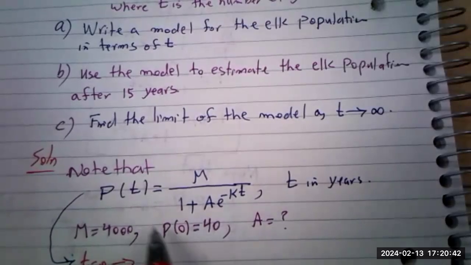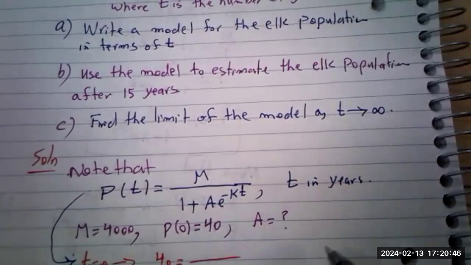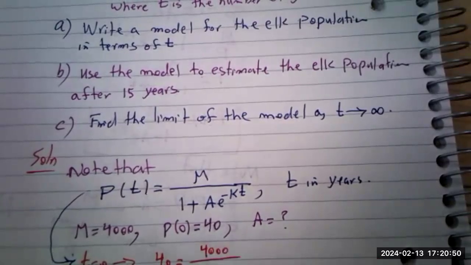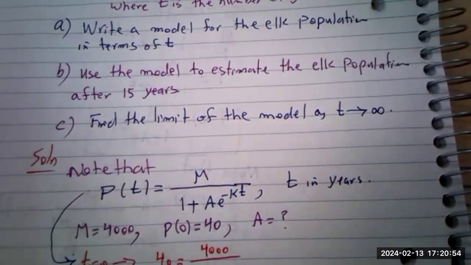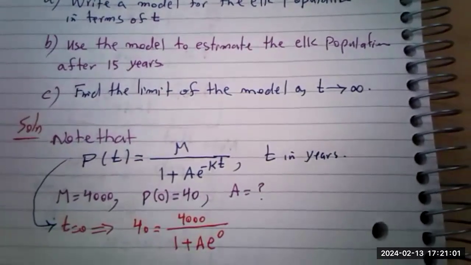So we start with P of 0, which is 40, and M is 4,000. This is going to be 1 plus A times e to the 0.